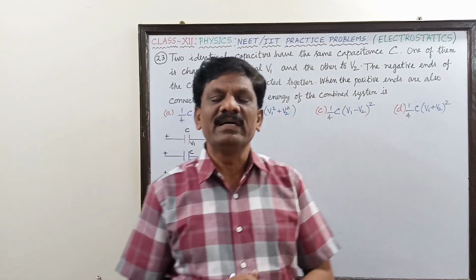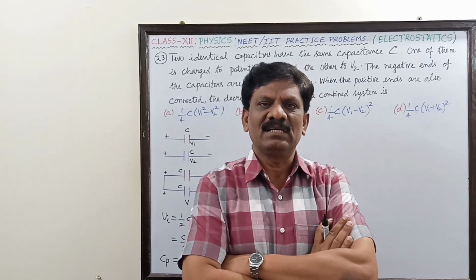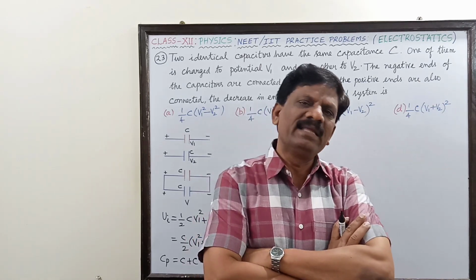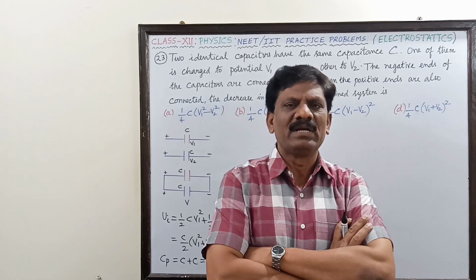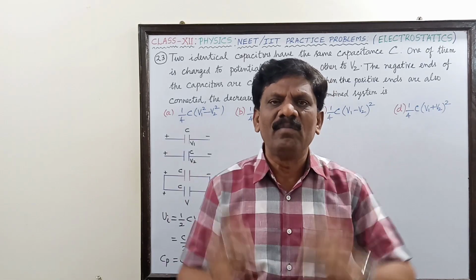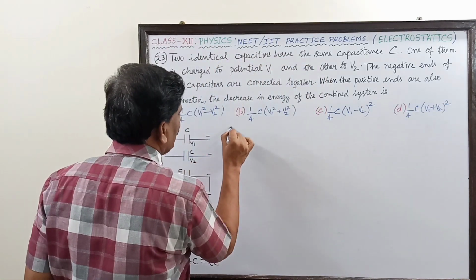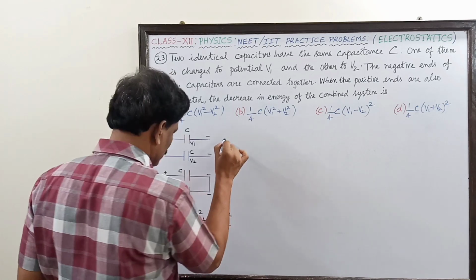But what will be the potential difference across the two plates? It's a new concept for us. Initially, before connecting, they had different potential differences V1 and V2. But now when they are joined together, they will attain a common potential difference. So the common potential I am going to use.